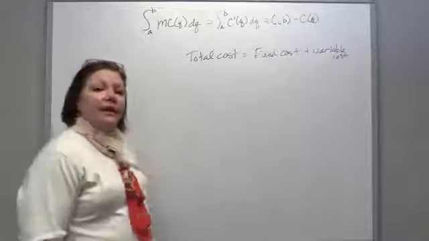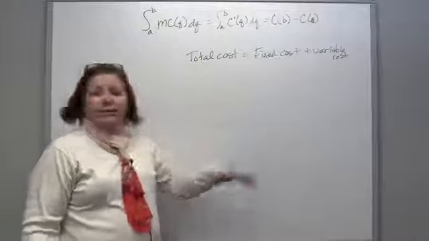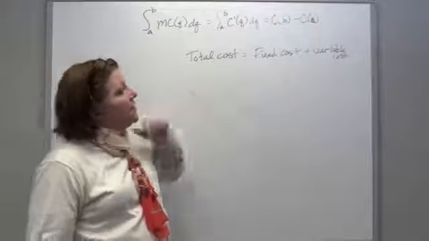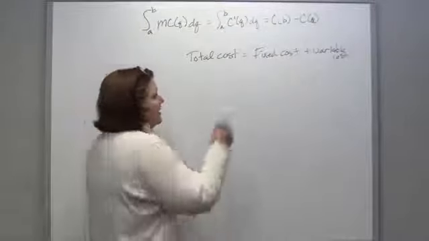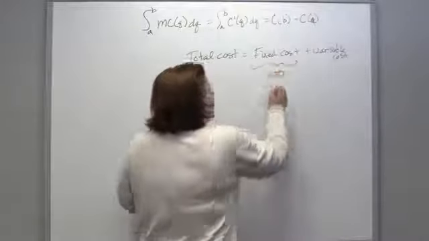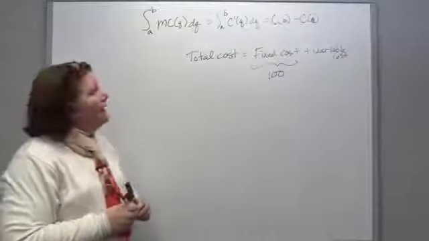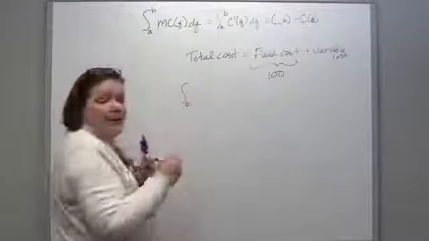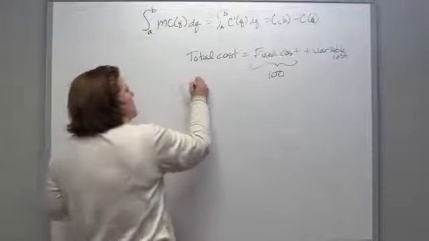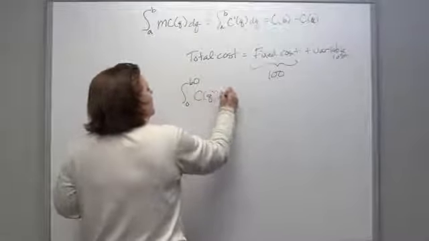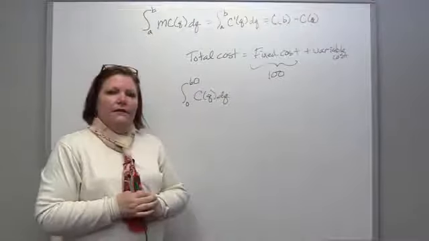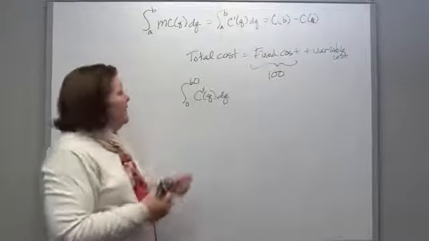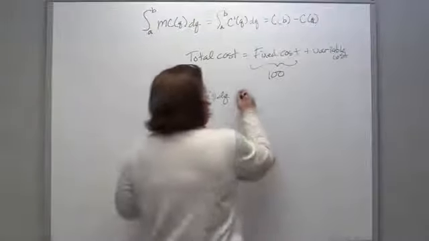But when we have a more complicated function, or in this case, data, we don't even know what the function looks like, we still have to think fixed cost plus variable cost. So in our case, we're given that this is $100. And from 0 to 60, the integral of our marginal cost, in other words, C prime, would be our change in cost.